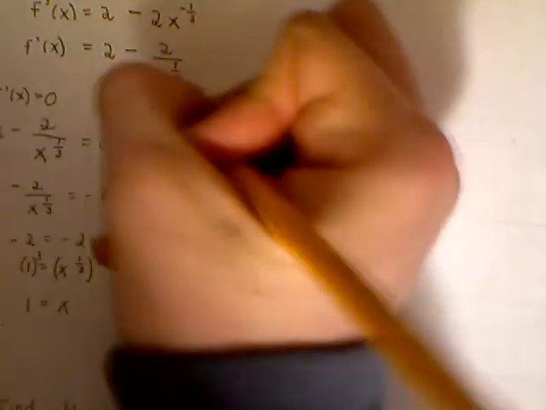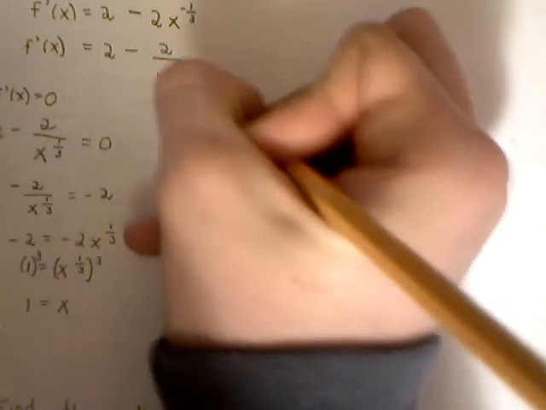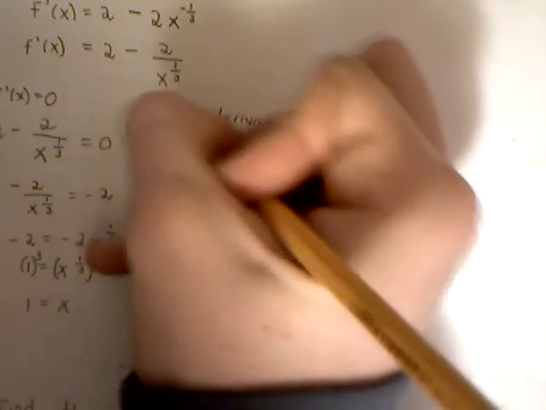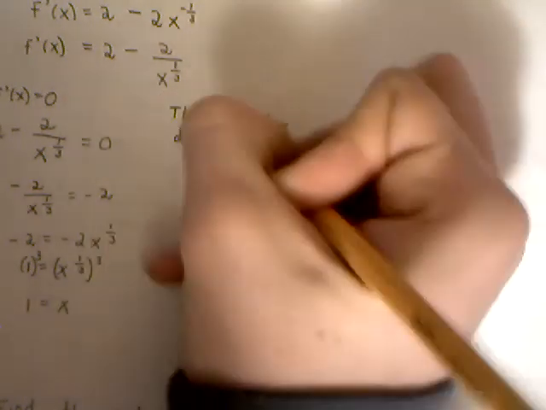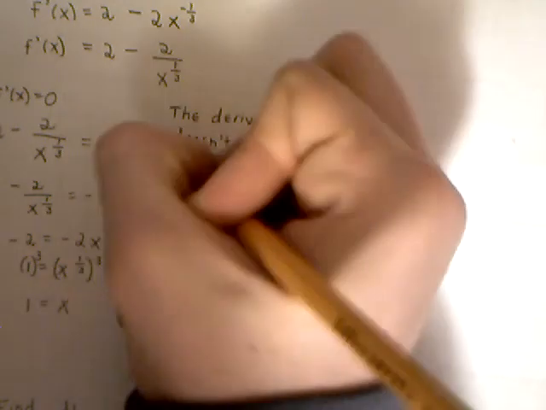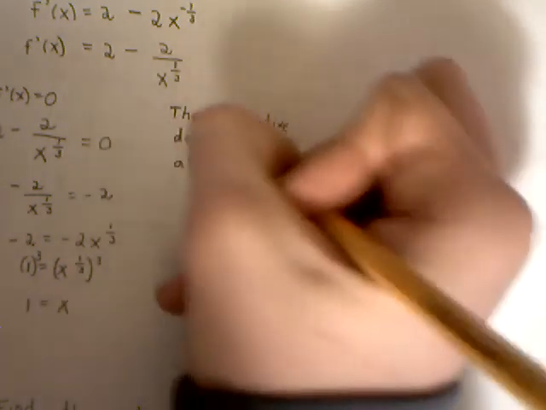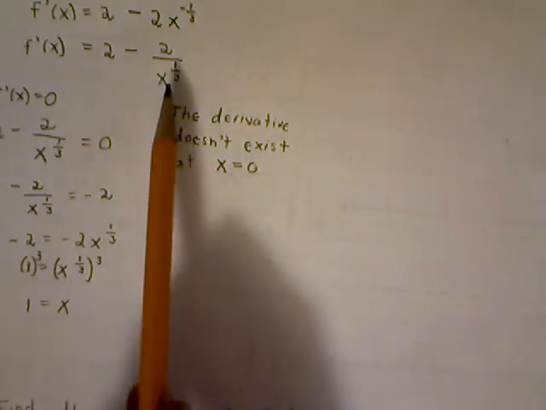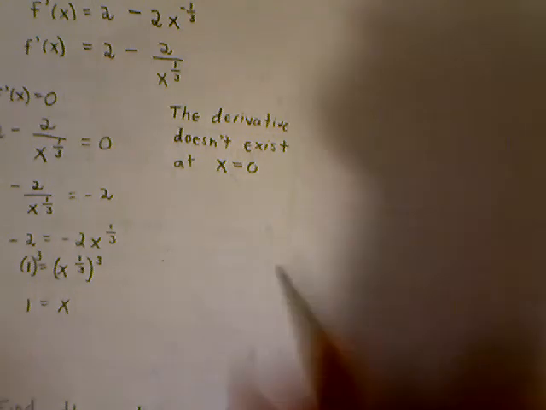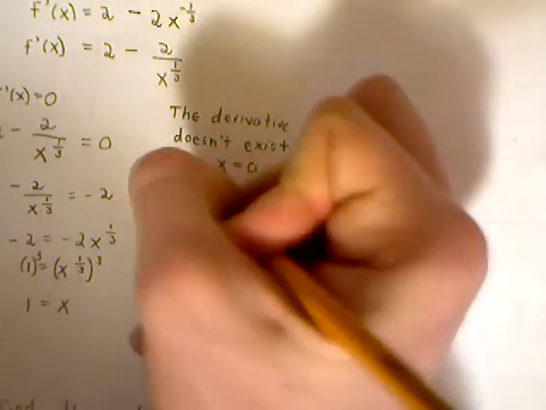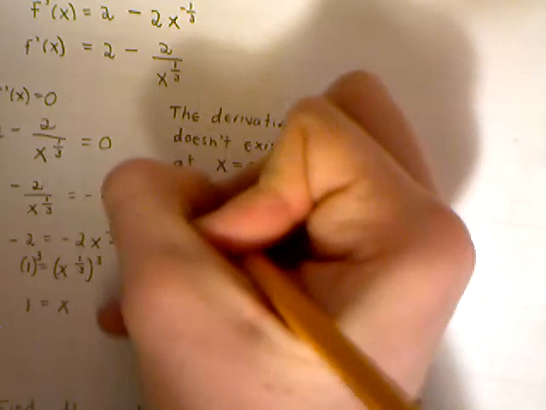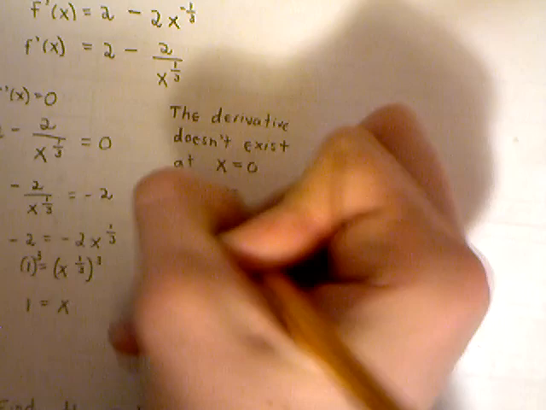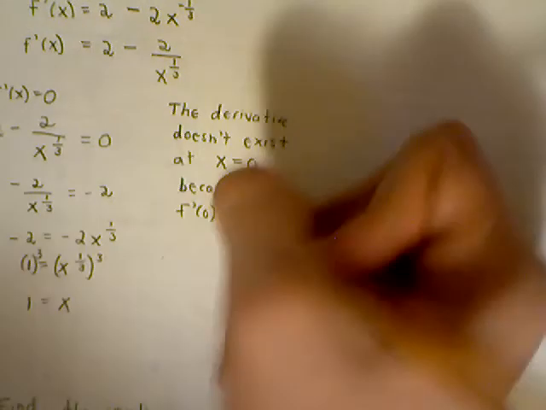The derivative doesn't exist at x equals 0, because if you plugged in 0 to the derivative, if you found f prime of 0, it is undefined.